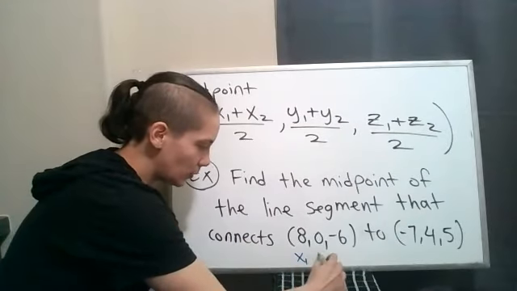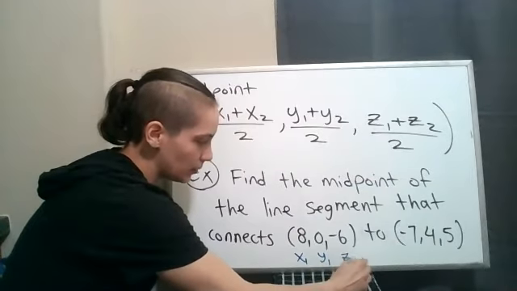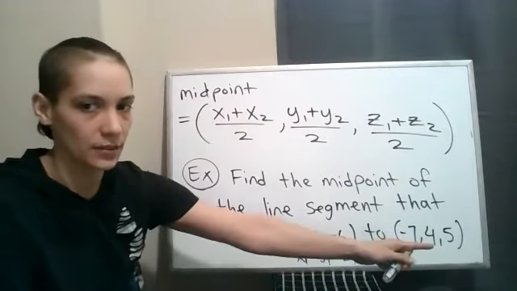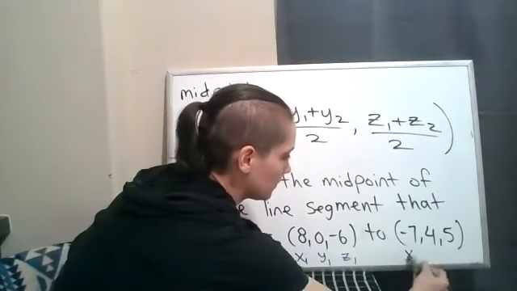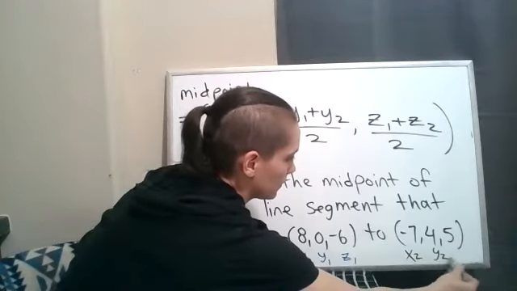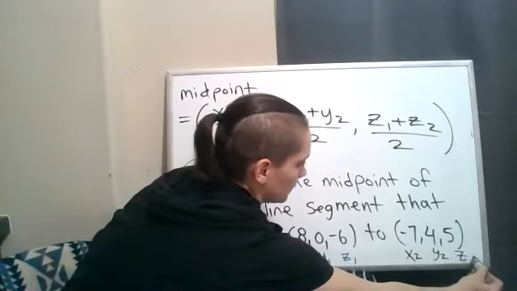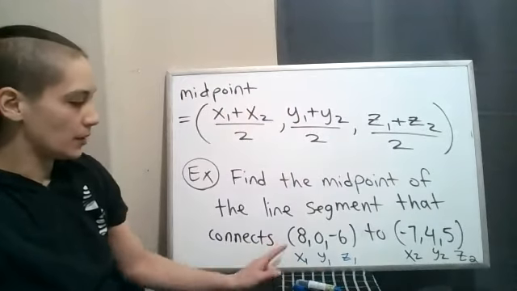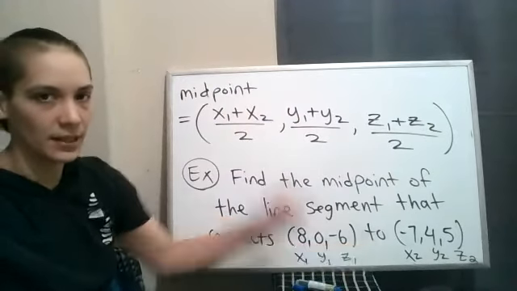And let's label x1, y1, z1. This will be x2, y2, z2. So we're going to add 8 with negative 7 and divide by 2.